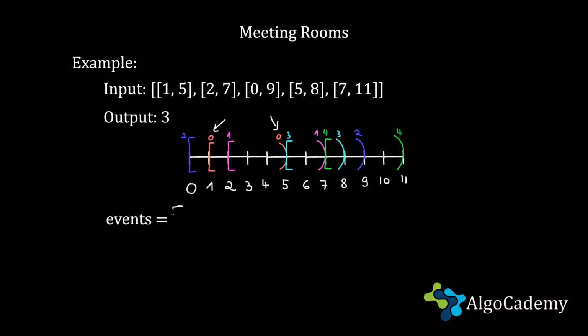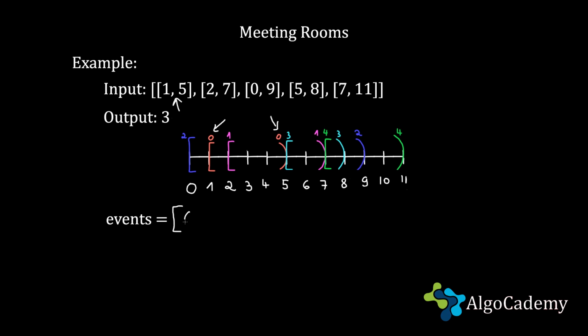Of course, the array consists of pairs, because as we've seen, it is important to also know the type of the event, right? We can't do anything only with the time moment, because we don't know if it's open, so we should increment the number of intervals, or if it's closed, so we should decrement the number, right? So obviously I have only the input, I don't have this drawing, so I have to relate to the input, and I see the first time interval 1, 5.